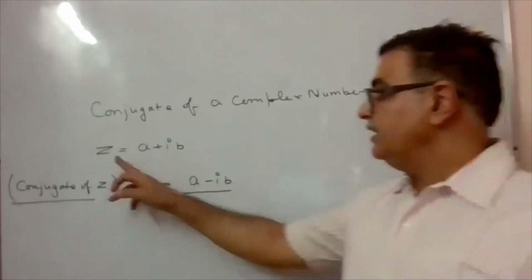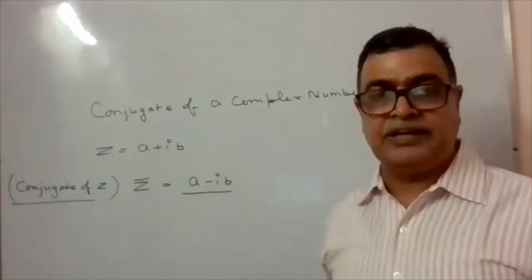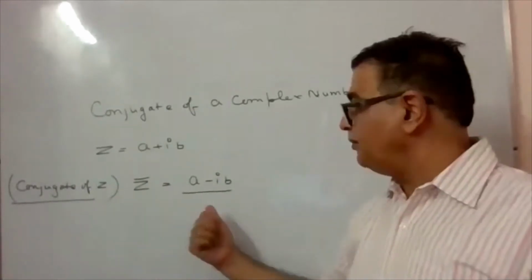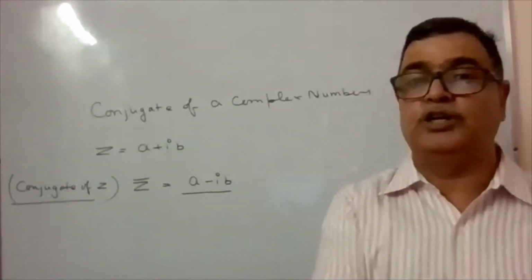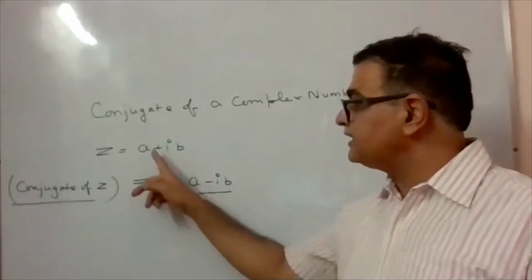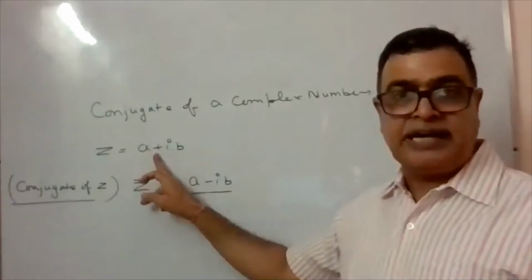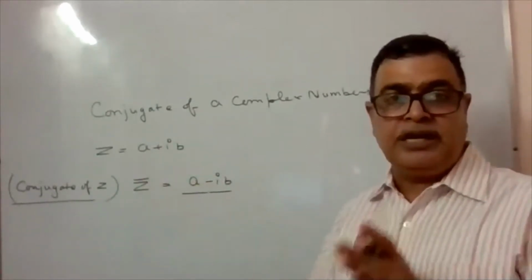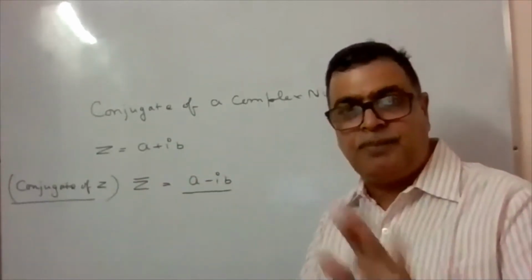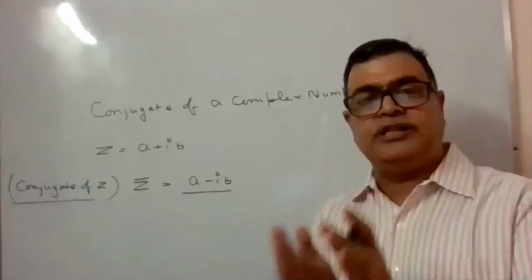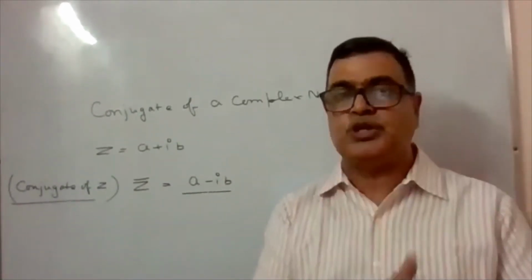That means whenever the complex number is a plus iota b, the conjugate of the complex number will be a minus iota b. That means only the sign of the imaginary part you should change. If a plus iota b is there, then its conjugate will be a minus iota b. Whatever the real part, you are not going to touch that. Only the imaginary part sign has to change.